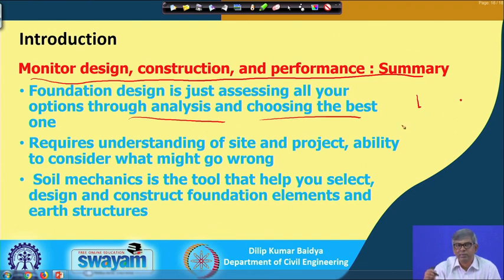For each option you need to know that sometimes an option may have 9 or 10 positive points and 2 negative points, and there may be some alternative where it is 50-50. So, you have to choose accordingly which one gives you the best benefit. That is what you have to understand. Until you understand the entire site and project, you will not be able to judge this. You also have to visualize what might go wrong based on a certain selection.